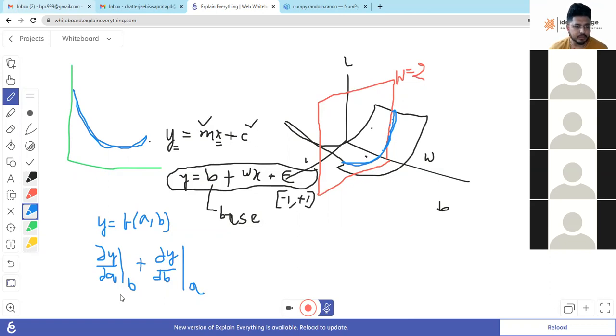So we cannot calculate the derivative of a graph with respect to all the variables at the same time. If my equation is this linear equation, it contains only b and w as variables, learnable parameters. But suppose I have a polynomial equation and I have 20 learnable parameters, then there is no way I can calculate the derivative of the loss curve with respect to all 20 parameters at the same time.